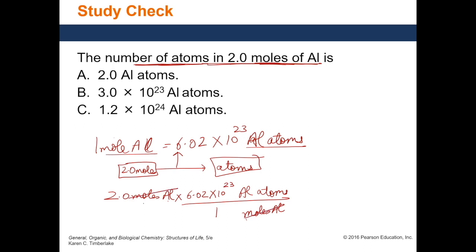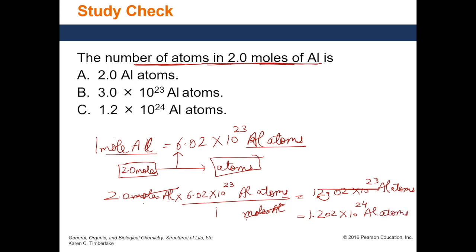Moles and moles got cancelled. The final answer is in number of atoms of aluminum. So now if you plug this value into your calculator, that would give you 12.02 times 10 raised to power 23 aluminum atoms, which can also be written as, I need to shift this decimal by 1 place, so that would make it 1.202 times 10 raised to power 24 aluminum atoms.